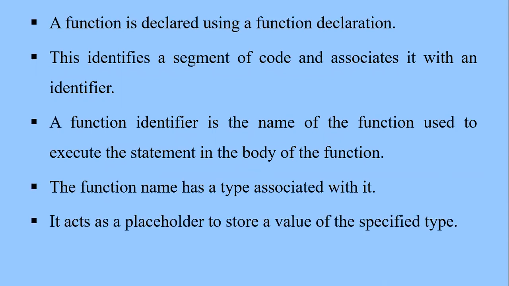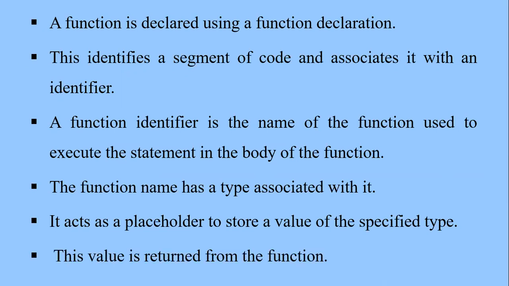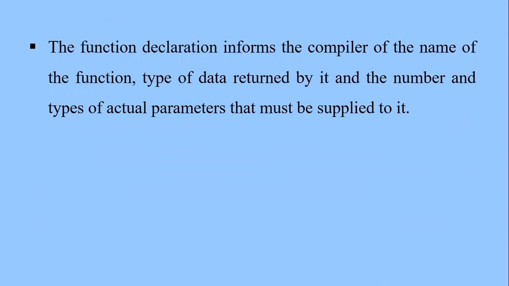It acts as a placeholder to store a value of the specified type. This value is returned from the function. The function declaration informs the compiler of the name of the function, the type of data returned by it, and the number, as well as the types of actual parameters that must be supplied to it.